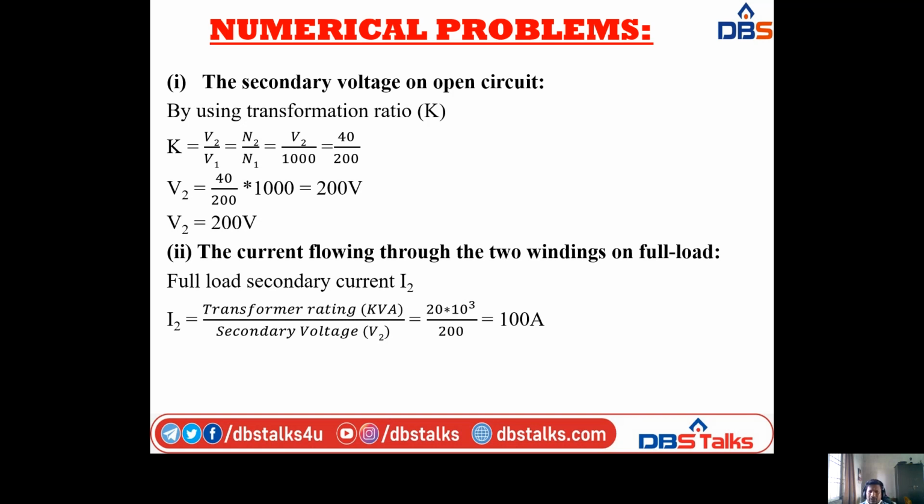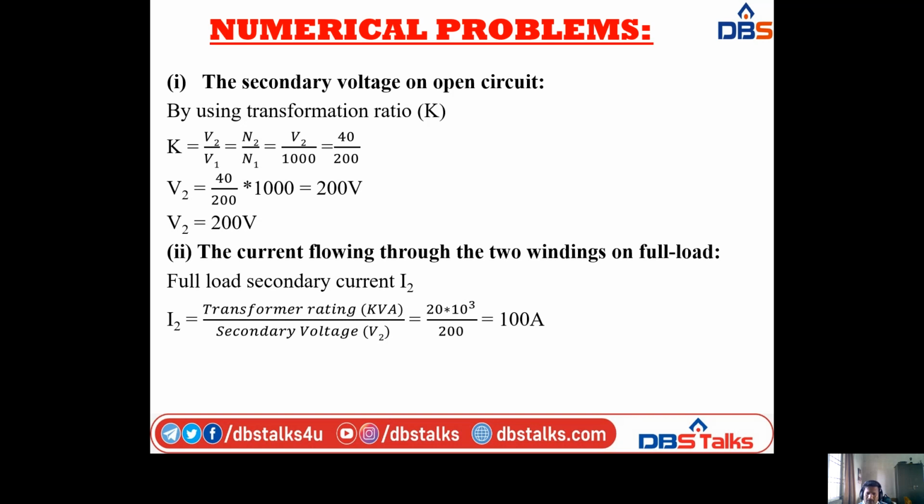V2 by 1000 is equal to 40 by 200. Therefore V2 is equal to 40 by 200 into 1000, so V2 is equal to 200 volts. V1 is 1000 volts, V2 is 200 volts, a step down transformer.